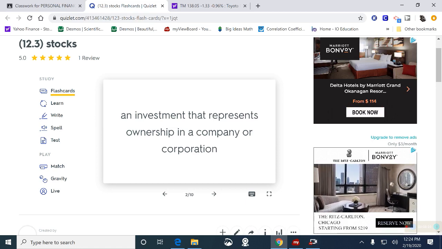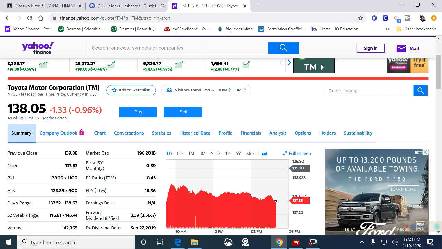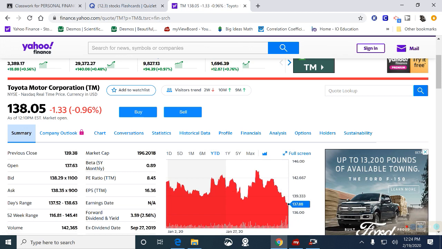I looked up Toyota stock because I drive a Toyota van. It's a family van, a Toyota Sienna. Right now, one share of ownership in Toyota is $138.05. That's one share. Let's say I bought that share about 6 months ago.